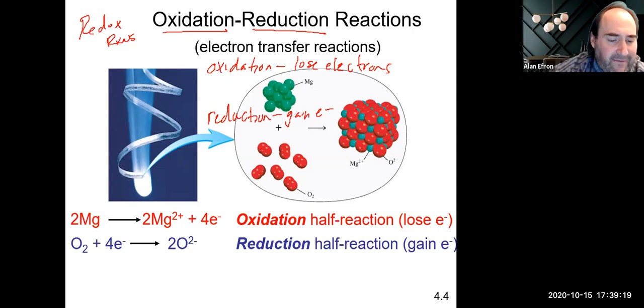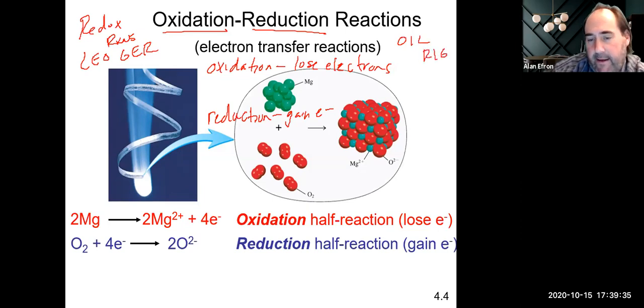Sometimes people remember that as LEO the lion goes GER: loss of electrons, oxidation; gaining of electrons, reduction. Some people are fond of OIL RIG: oxidation is losing, reduction is gaining. Put them both together, you don't have to choose: LEO the lion on the oil rig, and he goes GER. You've got all of them together there.